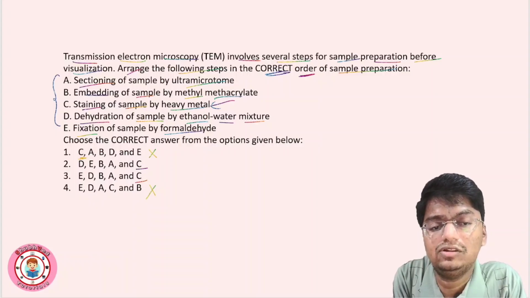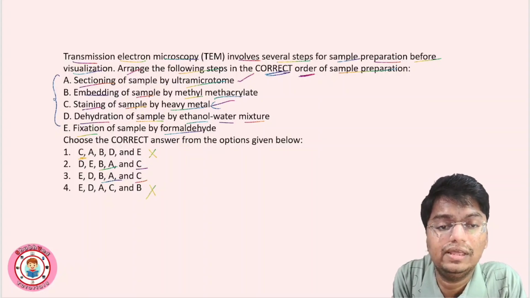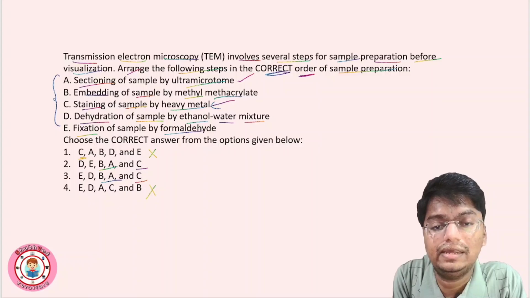When we consider options 2 and 3, BAC is common. The step before C is A, that is sectioning, and then embedding. Now at the start, do we need DE or ED?